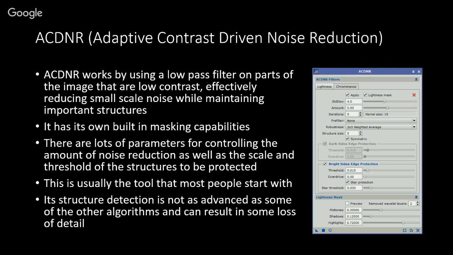So that effectively reduces the small-scale noise while maintaining the important structures, or whatever it's determining are higher contrast. It has its own built-in masking capabilities, which you can see in the bottom of the form below. There's this lightness mask. There's a whole lot of parameters in here. It's difficult to go through all those, so I'll go quickly on the ones that I typically use.